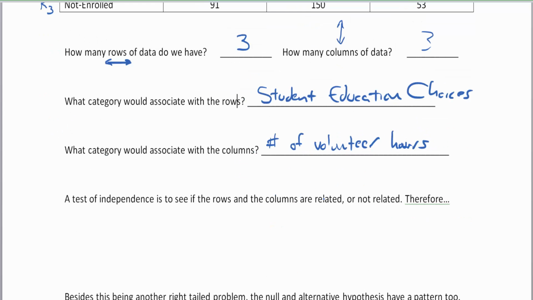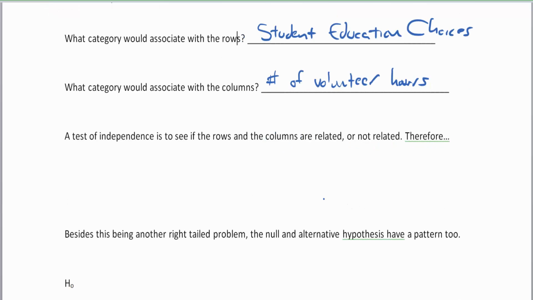Now you're probably wondering, what is a test of independence? A test of independence is to see if the rows and the columns are related or not related. Are they independent of each other or are they dependent on each other?